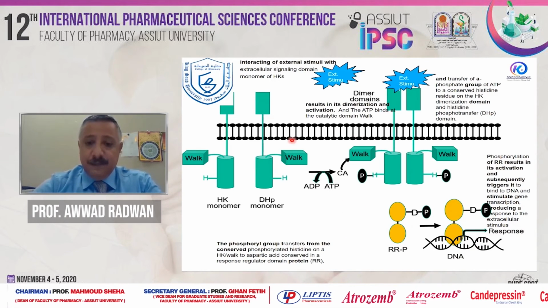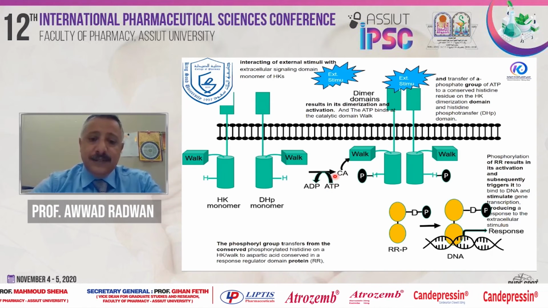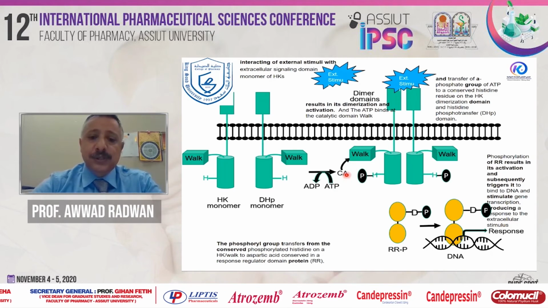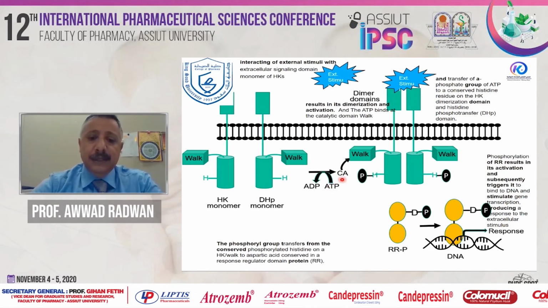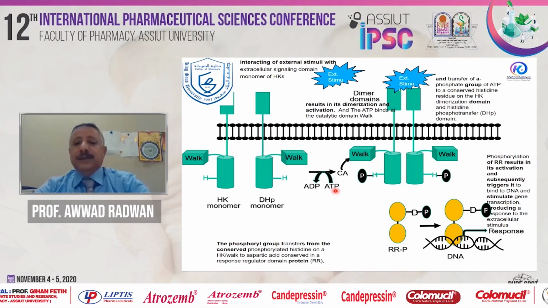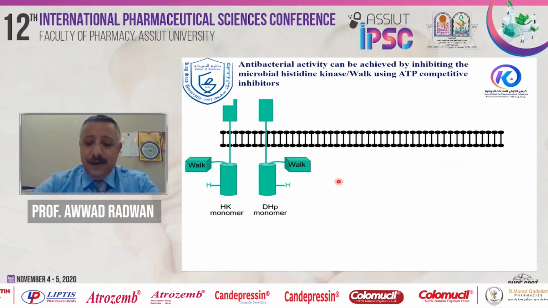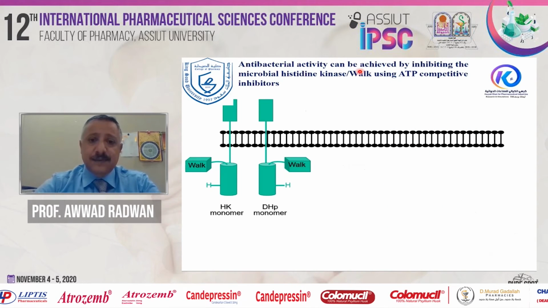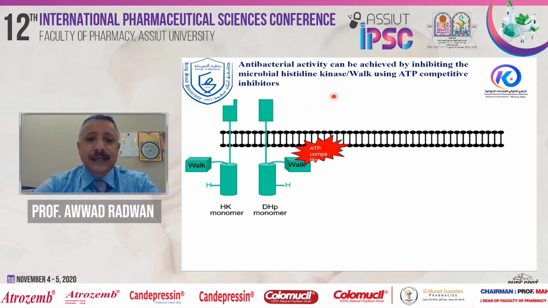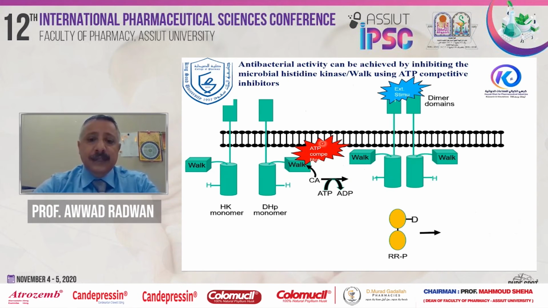From this biochemical pathway, we can see that ATP binding to WalK is crucial in this process. So inhibiting ATP binding to WalK will inhibit the bacterial response and inhibit bacterial infection. Thus, antibacterial activity can be achieved by inhibiting microbial histidine kinase WalK using ATP competitors.